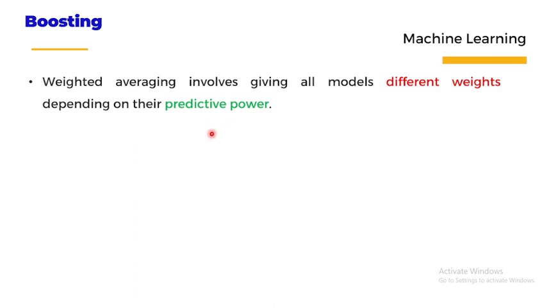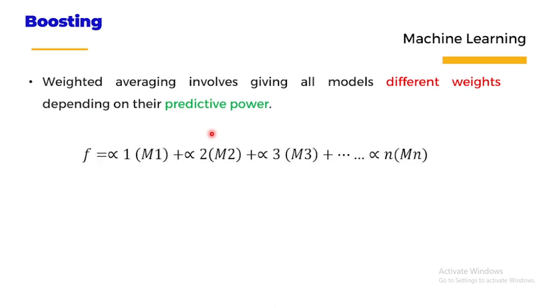If I want to write a function for boosting, this is how we can write it. Here f is the function: f = alpha1 * m1 + alpha2 * m2 + alpha3 * m3 + ... + alphan * mn. Here m1, m2, m3, mn are the models, which we can say are decision tree 1, 2, 3 and so on, and they are connected sequentially. That's why I have used the plus symbol.